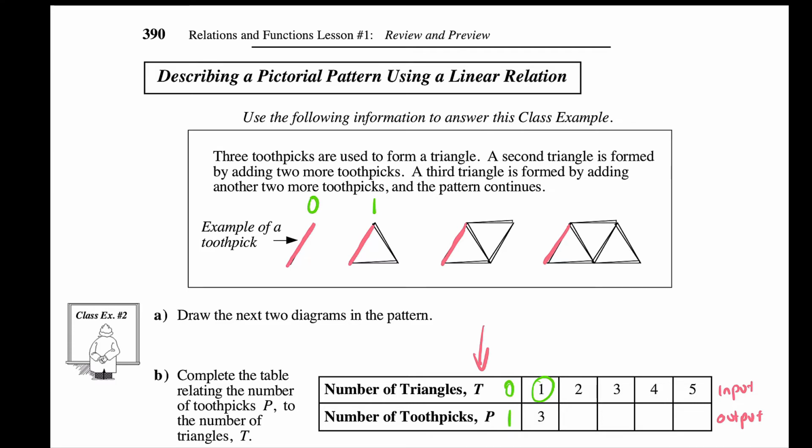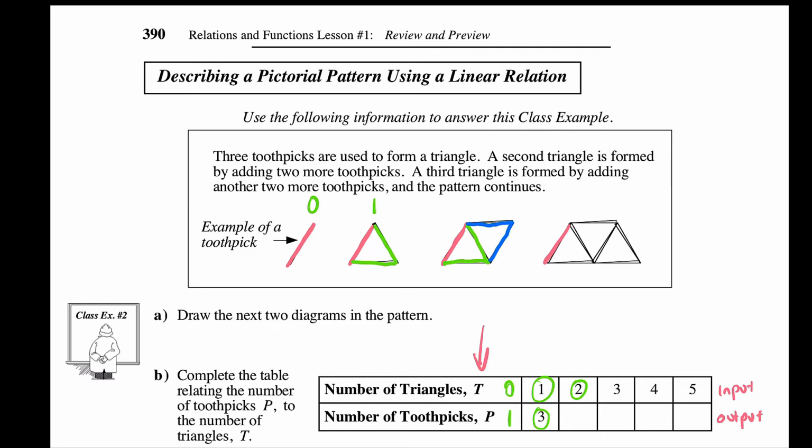Okay, so now it says when I have 1 triangle, I have 3 toothpicks in total right here. Now, if I look at the next one, 2 triangles, that's where I was at. I was at 3, and notice that what we've added right here is going to be another 2.